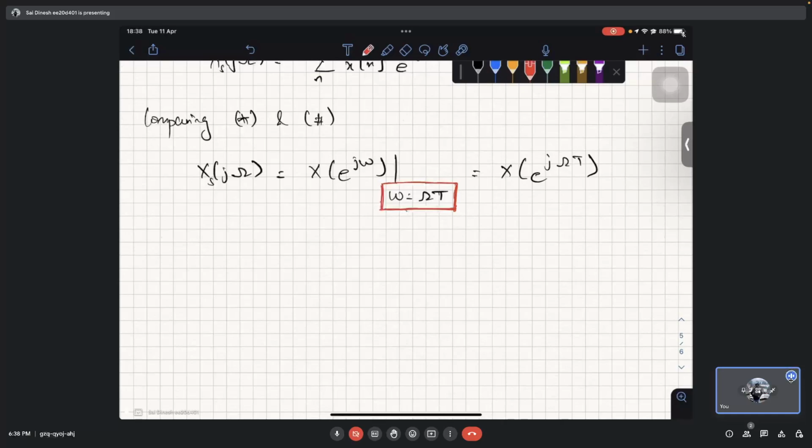So 1 by T or fs or 1 by Ts in capital omega corresponds to 1 in small omega.